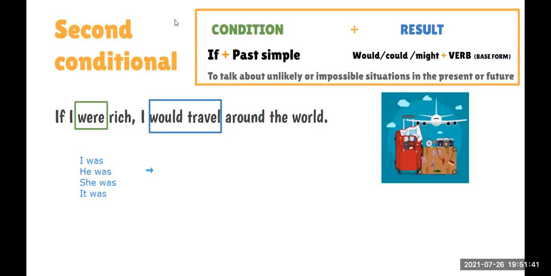We normally use were. So we can say, if I were, if she were, if he were, or if it were, okay? So generally, we are going to see this in the second conditional sentence, okay?